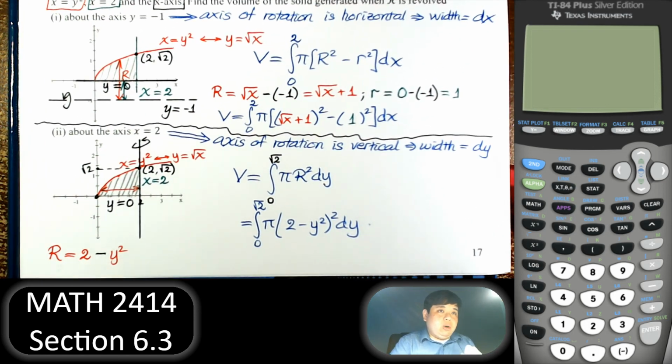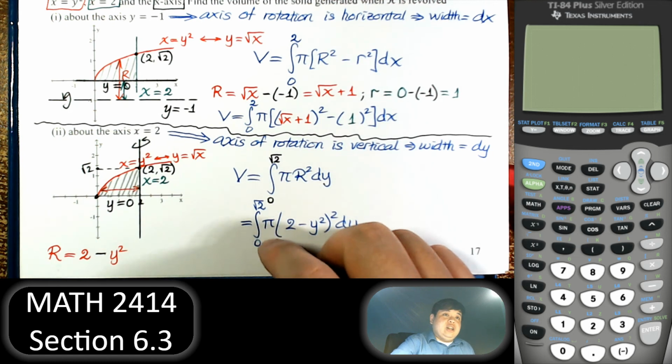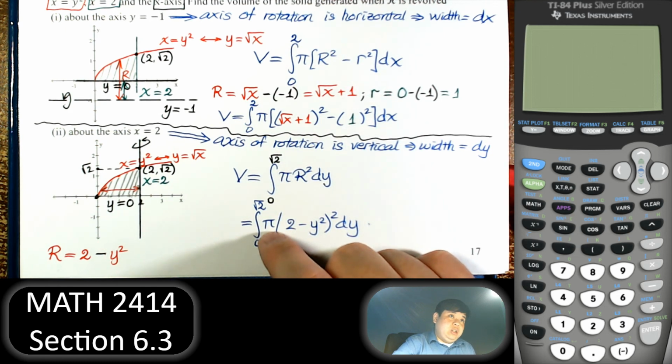Alright, so as mentioned earlier, important things in the disk or washer method, or later on even the shell method: don't let the axis of rotation throw you off. It's just vertical or horizontal. With that, we can determine whether it's going to be dx or dy, and then determine the limit. Limit should be easy to determine.